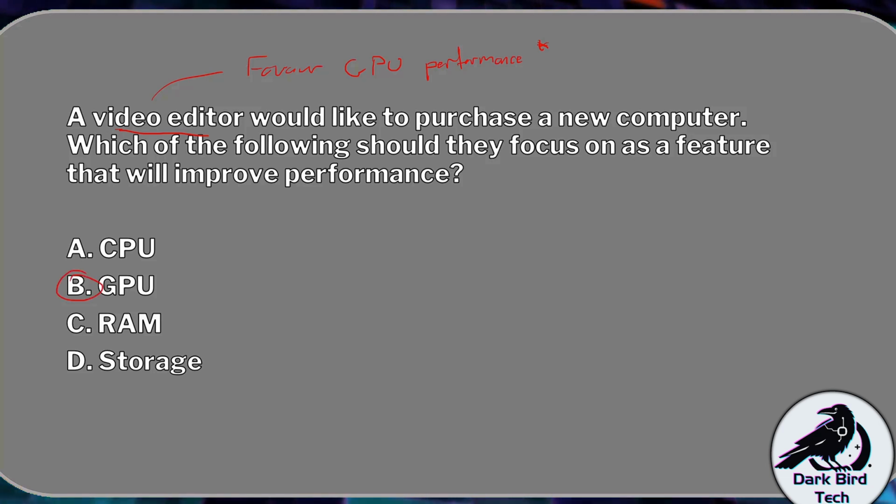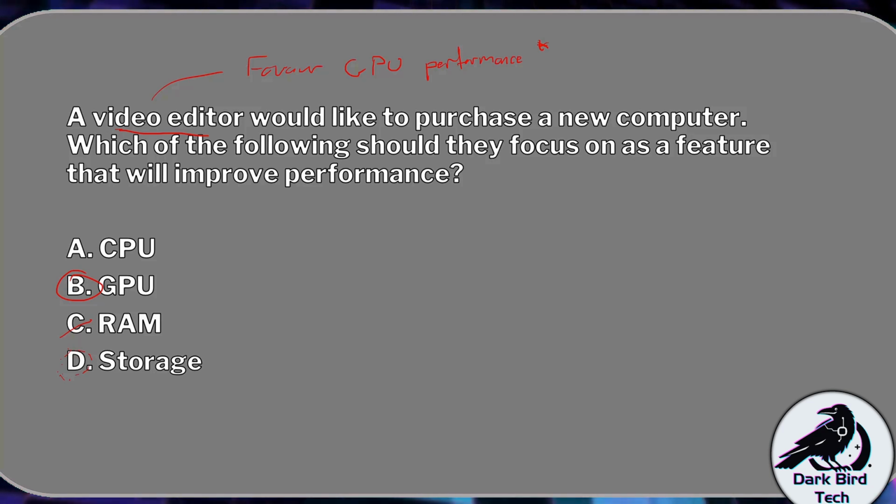RAM wise, generally I haven't seen most computers have too much of a distinction after a certain amount of RAM. Usually around about the 8 to 16 gigabytes of RAM, you're not going to see much of an improvement. Storage wise, yeah, storage would be kind of useful, but nothing that couldn't be supplemented with a pretty decent external hard drive or a nice fast NAS solution.